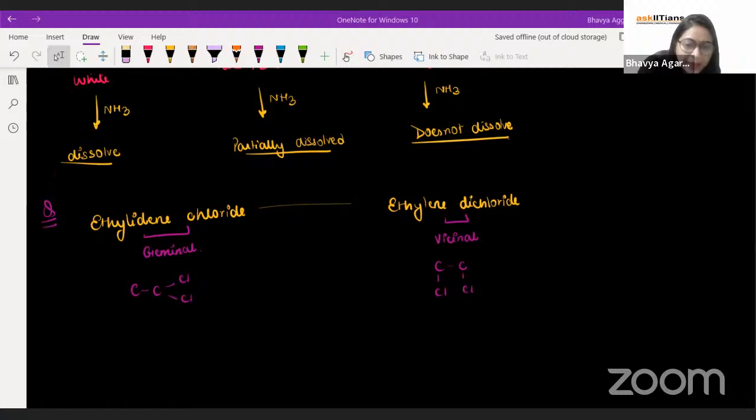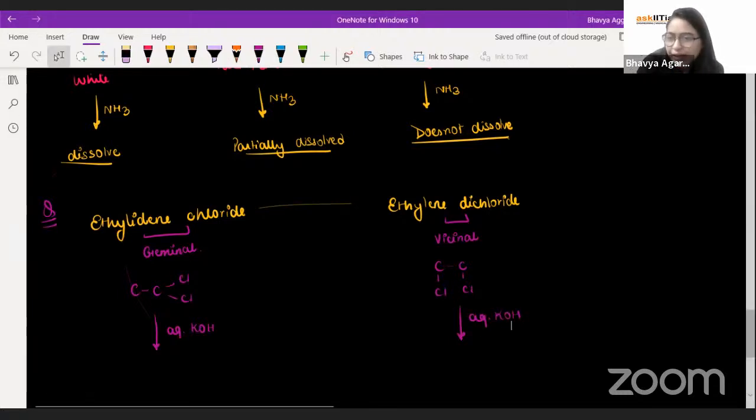The test is very simple, but it is again based on the reactions. So I'll tell you the elimination. Kind of, not exactly though. You treat it with aqueous KOH. How will it help?